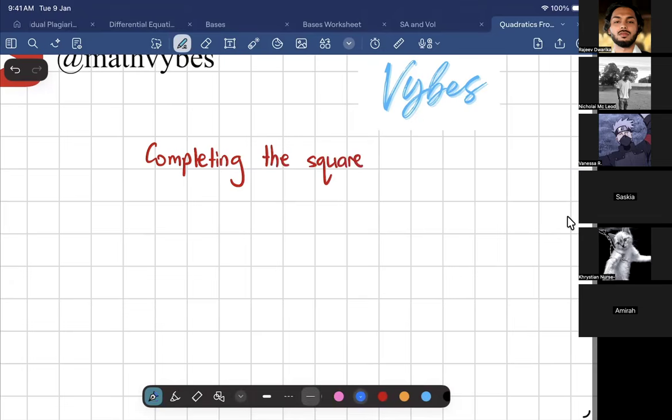So you're probably wondering, why do we have to do this completing the square thing? The completing the square form is very valuable because it allows us to find the maximum or the minimum point of a quadratic curve. So we can use this to figure out the maximum or minimum turning point.